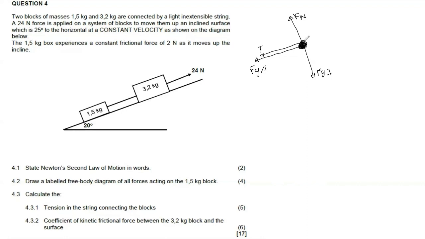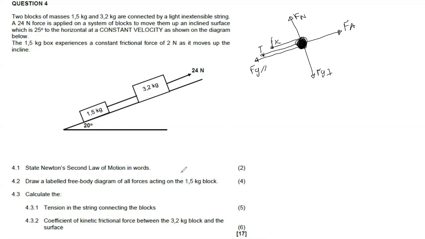So we have tension here. But then we also have another force that is acting down the slope. That's the kinetic frictional force, because remember the block is moving up the incline, so that means the kinetic frictional force needs to be down the incline. Then the only force acting up the incline is the force applied, which is causing the whole system of blocks to move upward. Right.